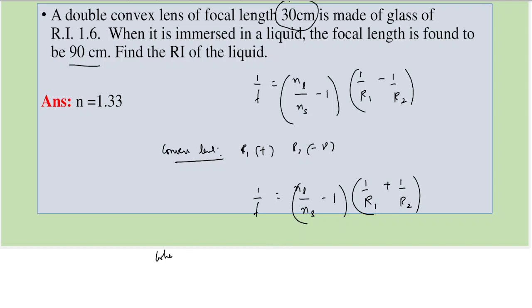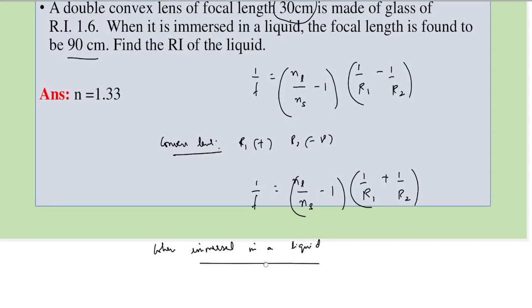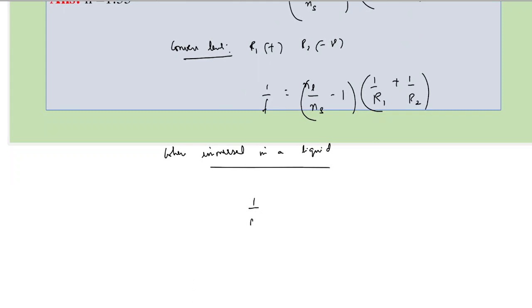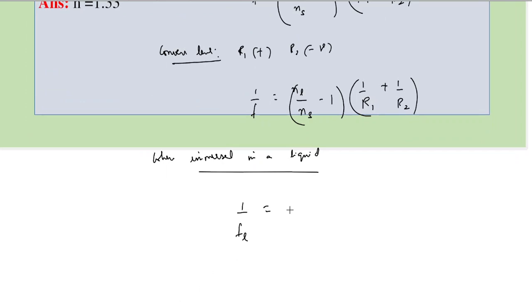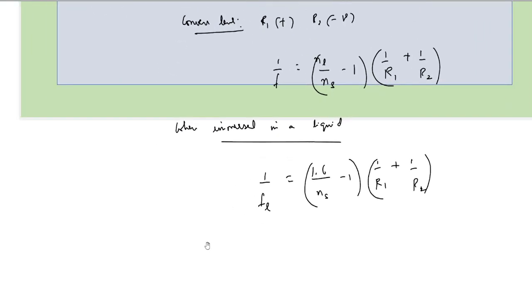So when immersed in a liquid, what you get from here is 1 by f for the liquid is equal to n for lens, that is given as 1.6, so it's 1.6 by n for surrounding, we need to find that one, minus 1, into 1 by R1 plus 1 by R2, and this focal length in the liquid is given as 90 centimeter. So let me do it directly here.